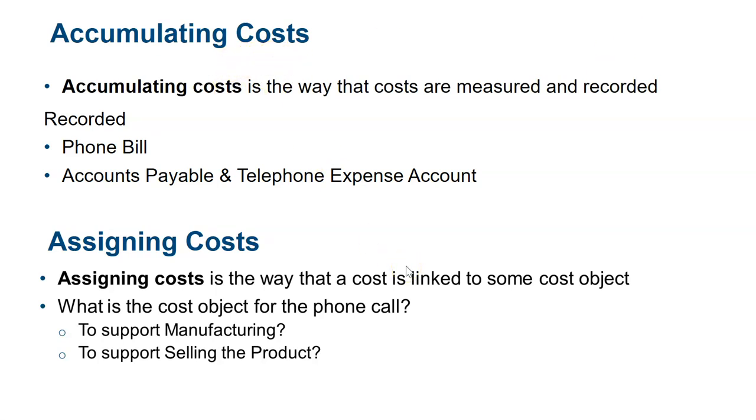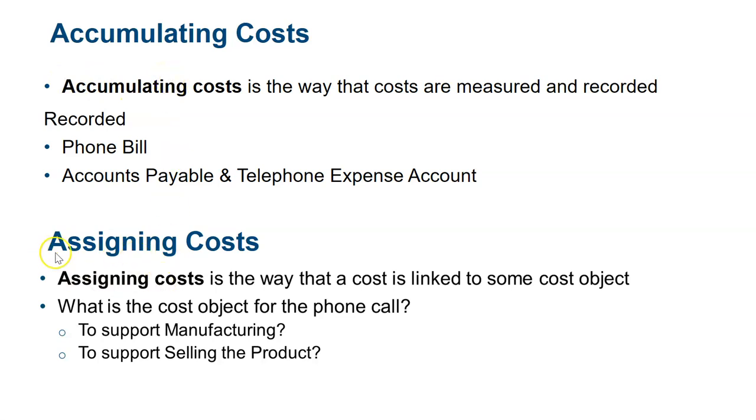We might buy a building now and expense that over time. Or I gave you the payroll example, but it's pretty easy to say, okay, this is a cost. And so costs are very easy to accumulate.